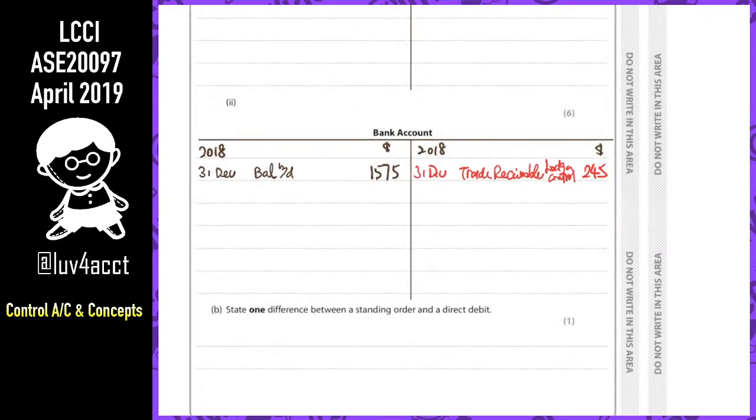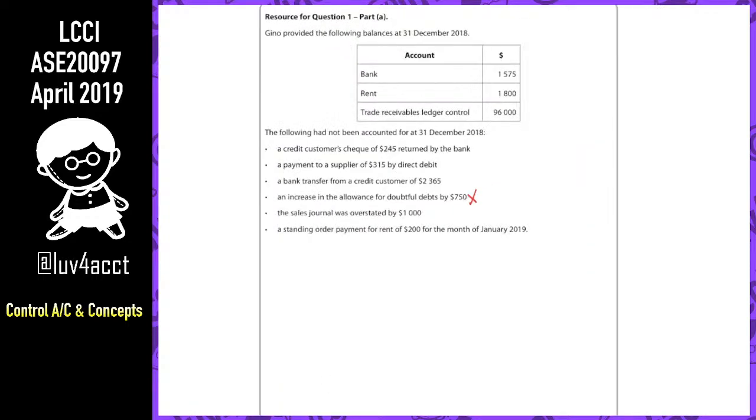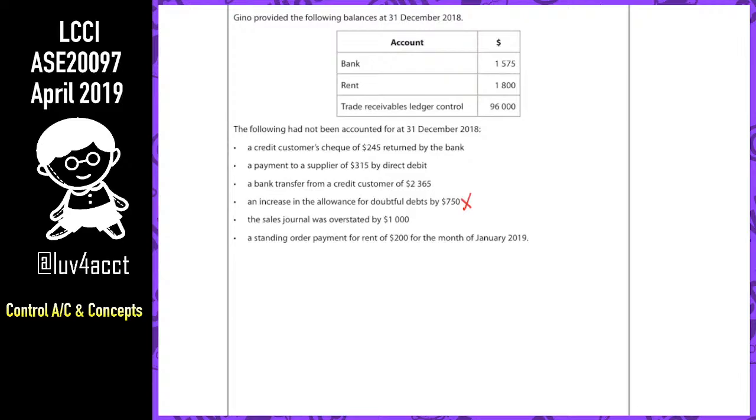A payment of 315 to a supplier, so it will be trade payables ledger control, a payment. Next, bank transfer from credit customer 2365.